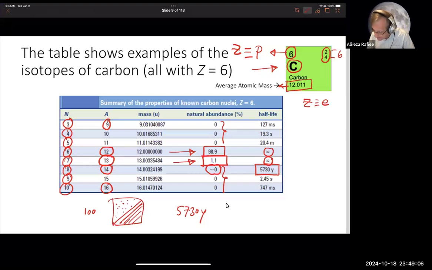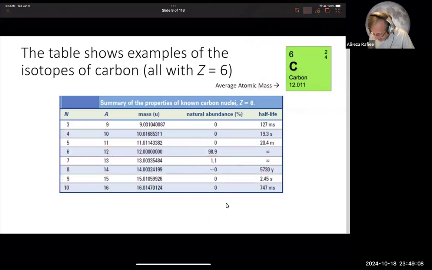But the whole point here is, how do we get this non-integer average atomic mass? Well, you take the natural abundance and multiply it by the mass in atomic mass units, and then you add it to the other abundance multiplied by the atomic mass of that isotope.